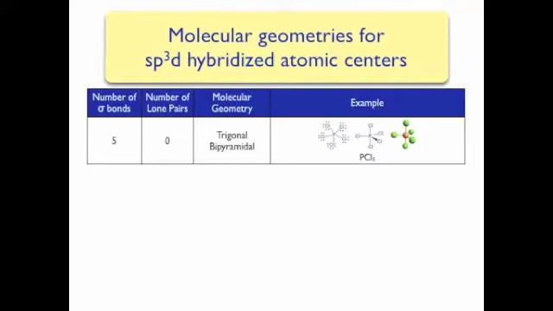If the molecule has 5 sigma bonds and no lone pairs, the molecular geometry will be trigonal bipyramidal. An example of a molecule with this geometry is phosphorus pentachloride.